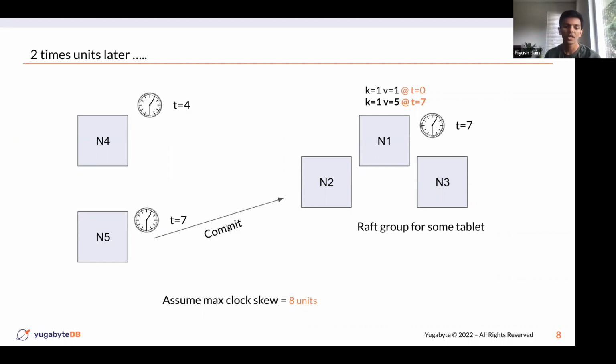If you commit wait and you write at t equals 15, it's definitely true that the clocks have moved ahead by 8 units, right? So this would have become 12, for example, right? This would have become 12. And now if you do a read, it's okay, right? You don't have to read the stuff at t equals 15.